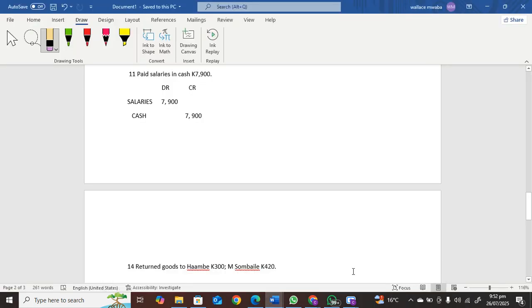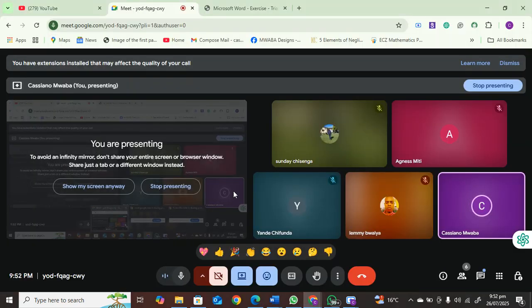So here now, returned goods to Hambe and Sombaile. Remember earlier on, we bought goods from these people on credit. So we were owing them. These are our creditors, people we owe money.